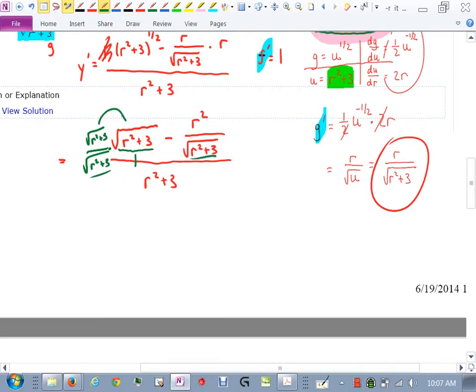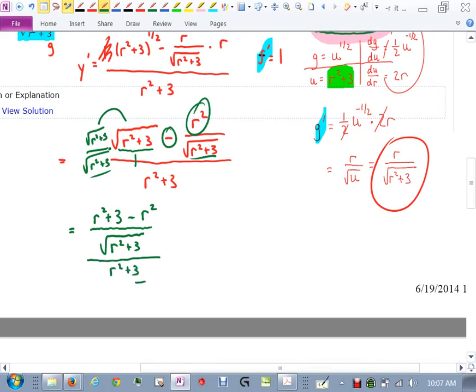When I multiply this times this, I get r squared plus 3, the roots go away. Then I have minus the r squared, which was the numerator up here, all over my common denominator, which is this. Then all of that over r squared plus 3.